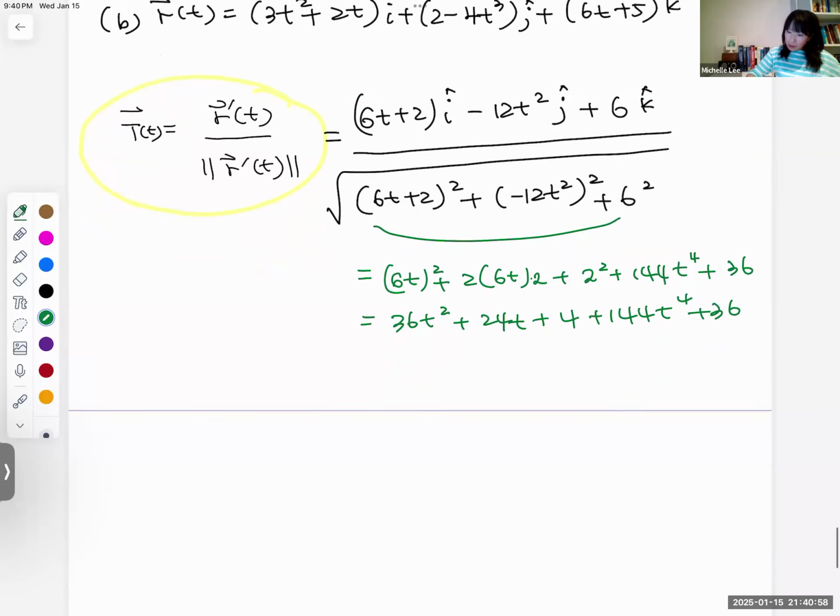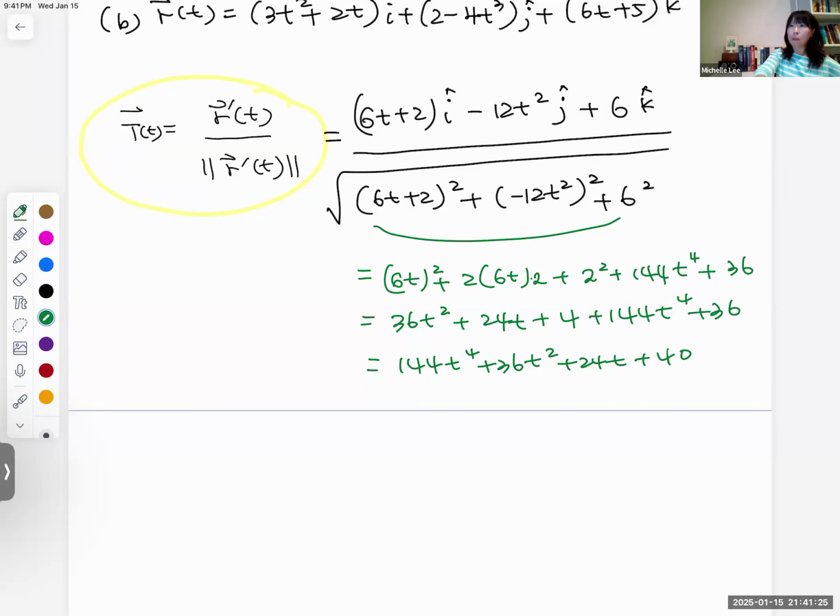And negative 12t squared squared is 144t to the fourth power, plus 36. Okay, combining like terms, we have 144t to the fourth power, 36t squared, plus 24t, and then 40.